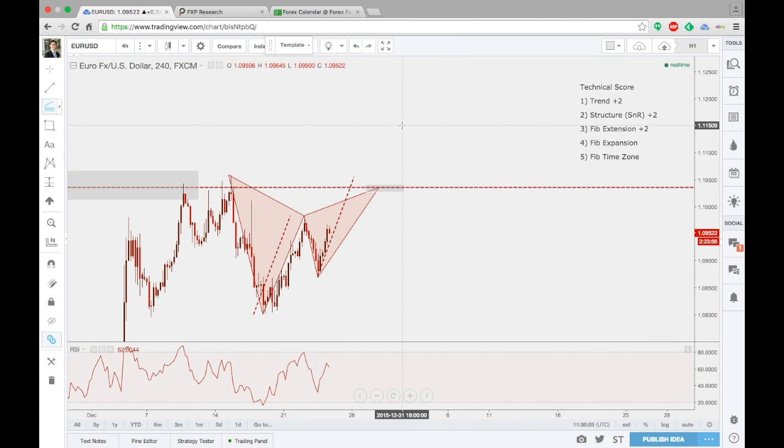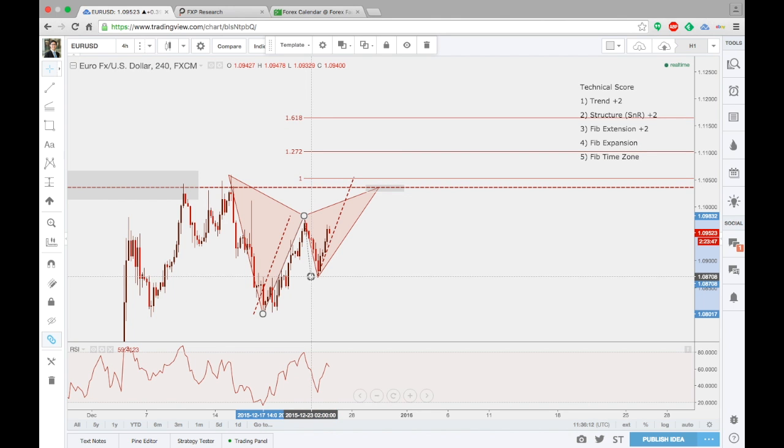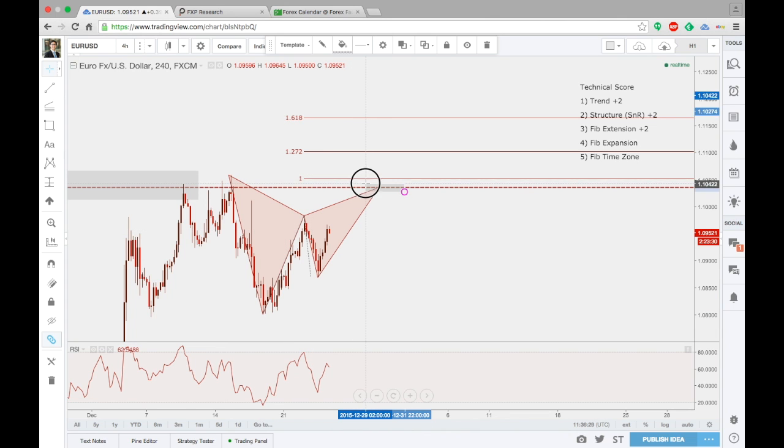Just now I showed you that you need 3 points to use this tool. So the 3 points are your point A, point B, and point C. You can see this level, which shows 1, is basically measuring a one-to-one movement, which you can see on this line. I'll delete it to be clearer. So you can see that your one-to-one harmonic movement completes around this region.